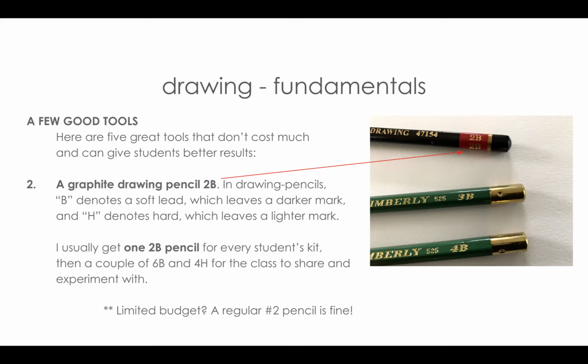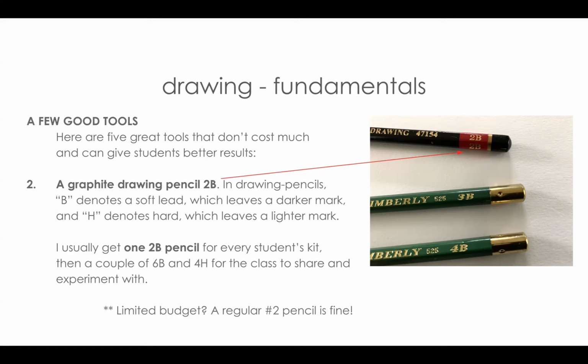Pencils are rated by softness and hardness. B is soft for some reason. It's probably some German word. And then it keeps going. As the numbers get higher, the lead is softer and softer and makes darker and darker marks.